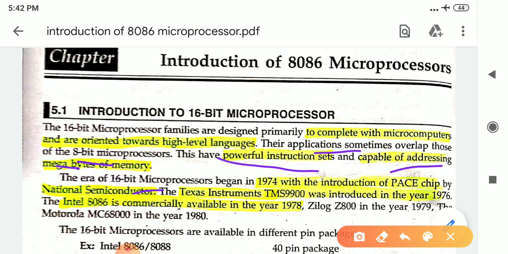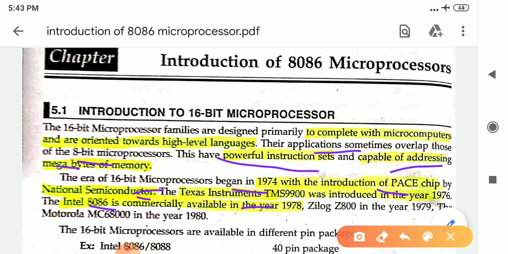The era of the 16-bit microprocessor began in 1974 with the introduction of the PACE chip by National Semiconductor, and the Texas Instruments TMS 9900 was introduced in 1976. So the concept of the 16-bit microprocessor started in 1974 with the PACE chip by National Semiconductor, and then Texas Instruments introduced the TMS 9900 in 1976.